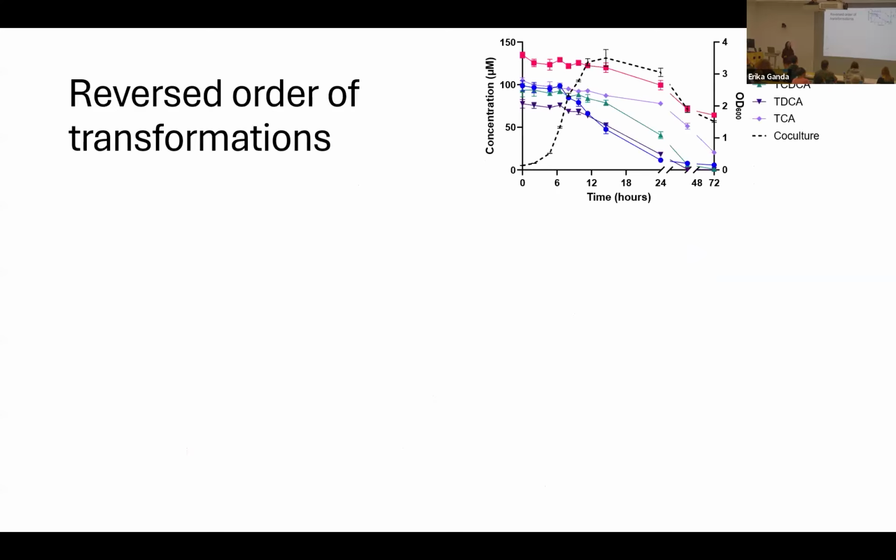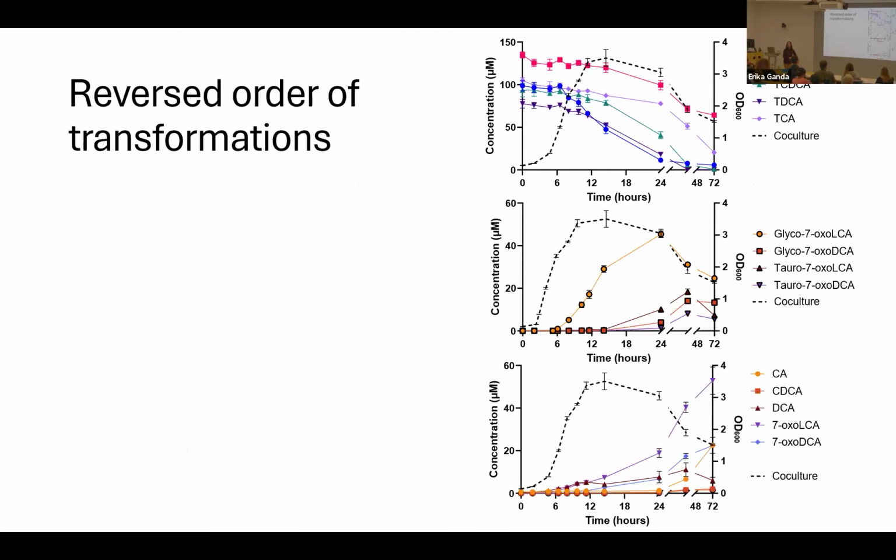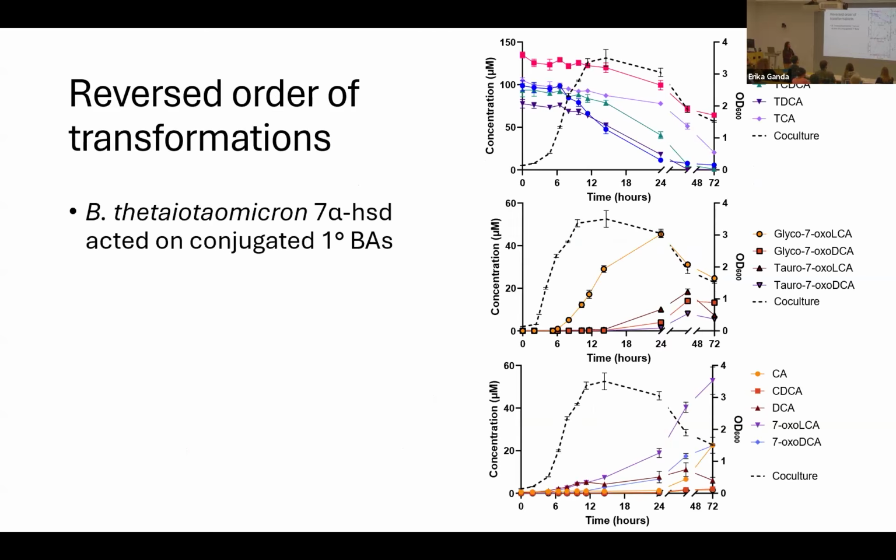And this is what made sense in the context of the Clostridium symbiosum co-culture as well. So the way I'm showing this here, right, we have our conjugated bile acids disappearing. And then what we actually saw was conjugated secondary bile acids appearing in the media, followed by deconjugation to release these secondary bile acids.